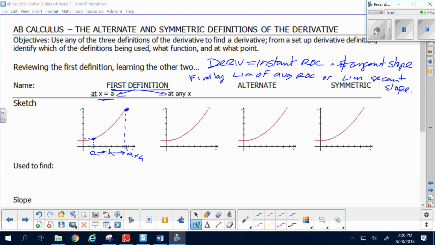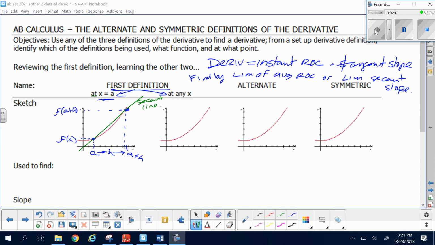Those have corresponding y values, f at A and f at A plus h. The whole goal is the ratio of change between the two. That is the slope, change in y over change in x. That green line is the secant line, the change between 2 points.